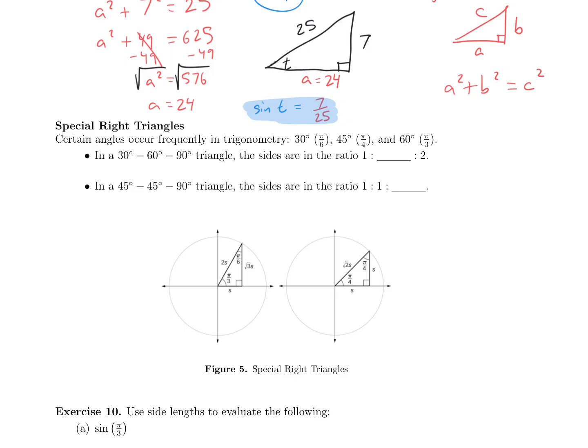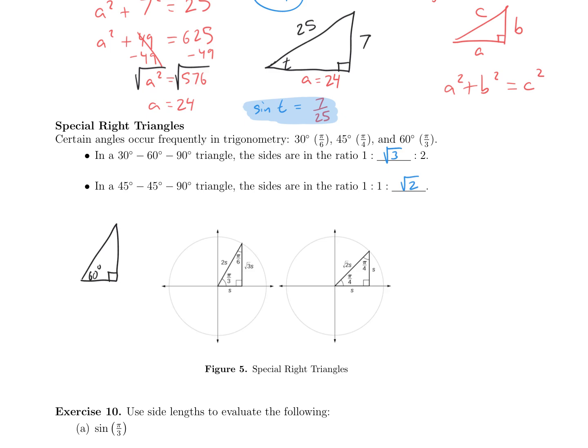So in this empty space, you want to put in square root of 3. And for the 45, 45, 90 triangle, what makes that one special is that the sides are in the ratio of 1, 1, square root of 2. Okay, we can draw a picture of that. There's a picture here below. I'll just recreate it.